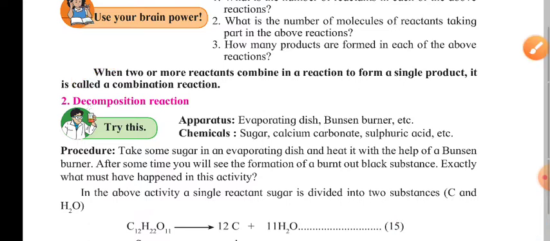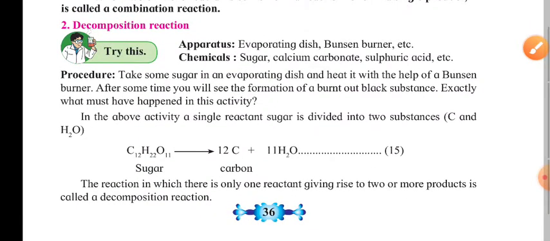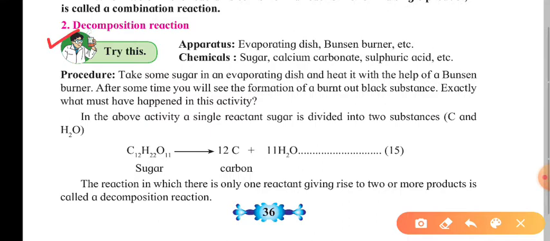The next reaction is a decomposition reaction. By the name itself, decomposing. If a single reactant is forming multiple products, that kind of reaction is called a decomposition reaction.